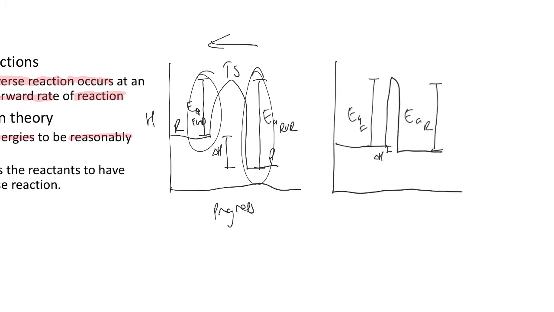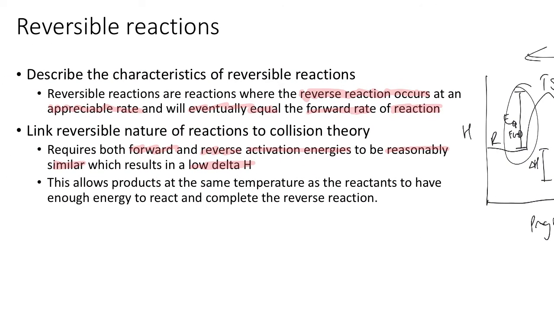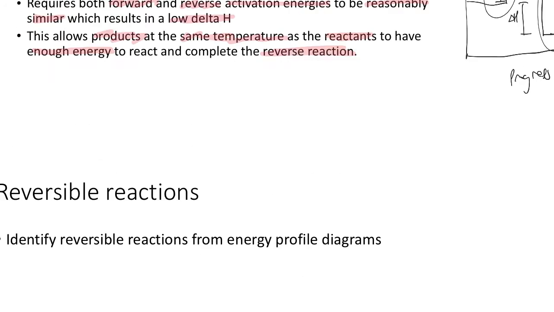So this allows products at the same temperature as the reactants to have enough energy to react and complete the reverse reaction. So what does that mean? We're going to go through that now.